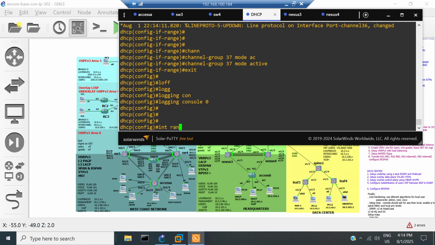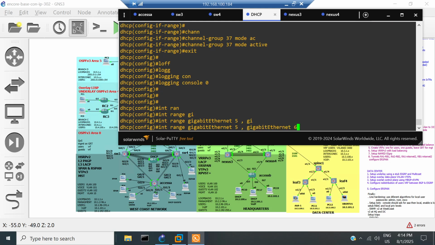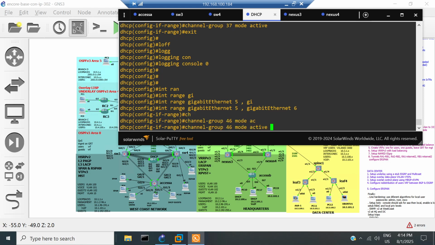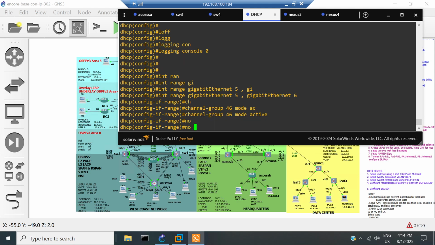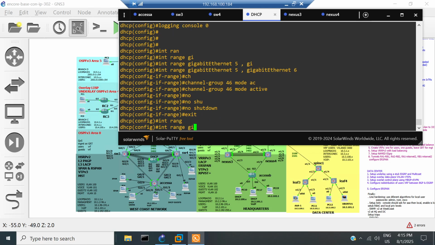So interface range gigabit 5 and gigabit 6, channel group 46, mode active, no shut. And then interface range gigabit 7 and gigabit 8.